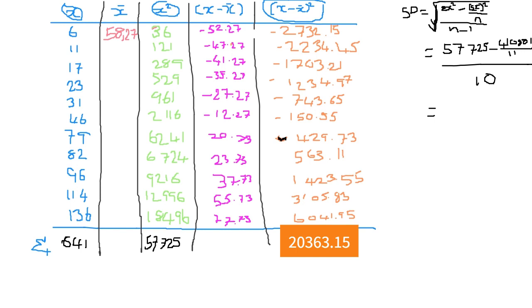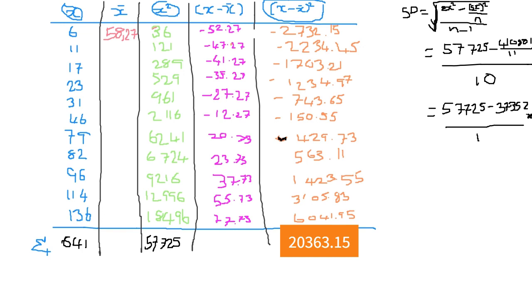Somebody quickly work out 410881 divided by 11. Seems right. 37352.82, apologies. Then divided by 10. Let's just do this one step, guys.